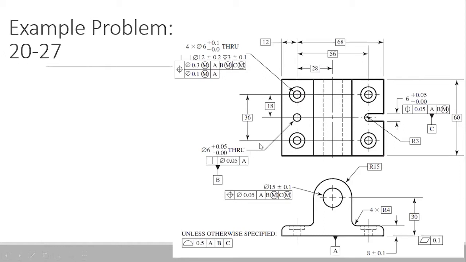You are representing the axis of this hole, and that has to be perpendicular to datum A. Datum A is the bottom surface of the plate. That axis of the locating hole has to be perpendicular to datum A within a 0.05 cylindrical tolerance zone.